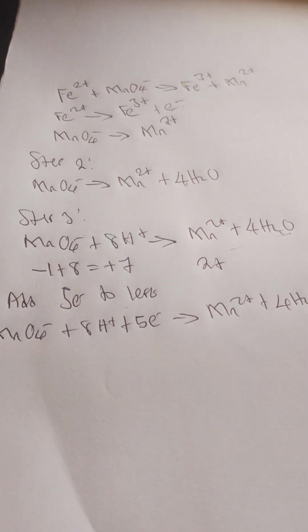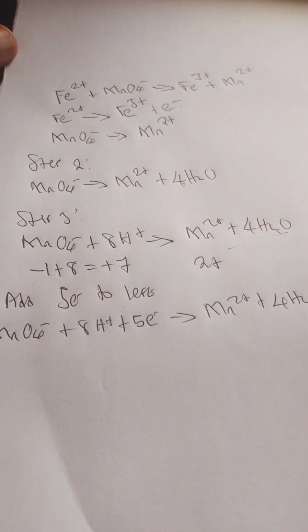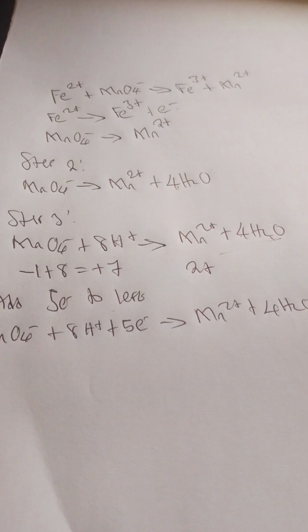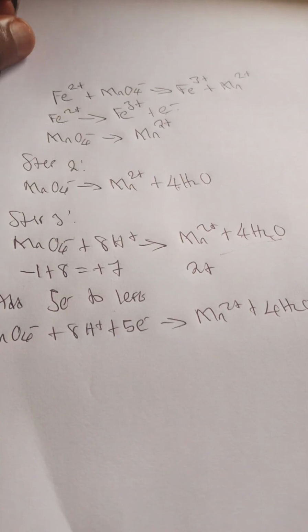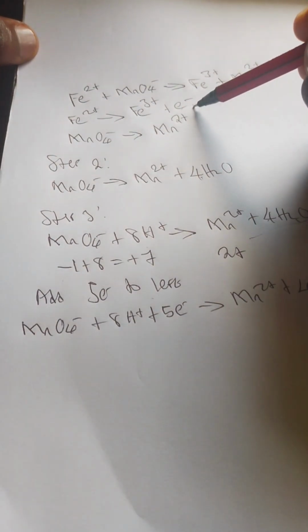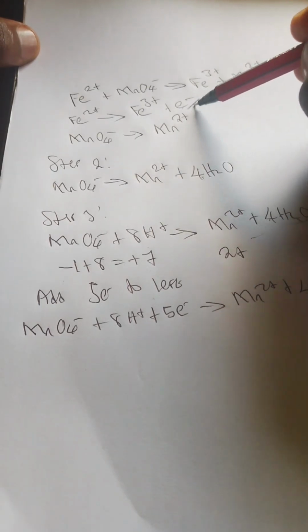You equalize the electrons by multiplying 5 to Fe. Because this 5 is here on Mn, you need to multiply it also to the reaction for Fe, which is Fe2+ going to Fe3+ plus an electron. So as you can see, we just need to multiply this reaction by 5 so that we equalize the number of electrons.